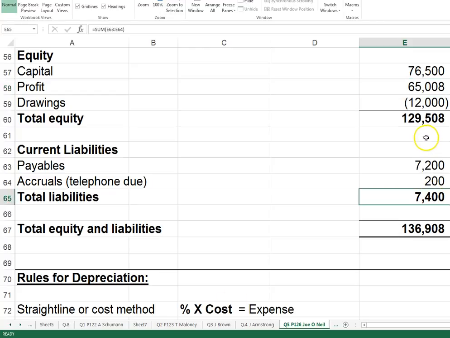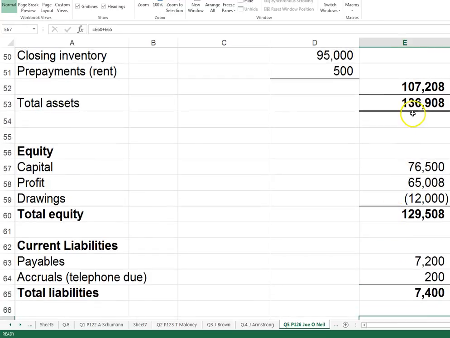They get added together, and then you go equity plus liabilities, which gives you total equity and liabilities. If we had a long-term loan, we'd have non-current liabilities and long-term loan there, and that would get added in as well. But we don't, and you know you're right when the total equity and liabilities equals the total assets. That's it. I hope that was useful.